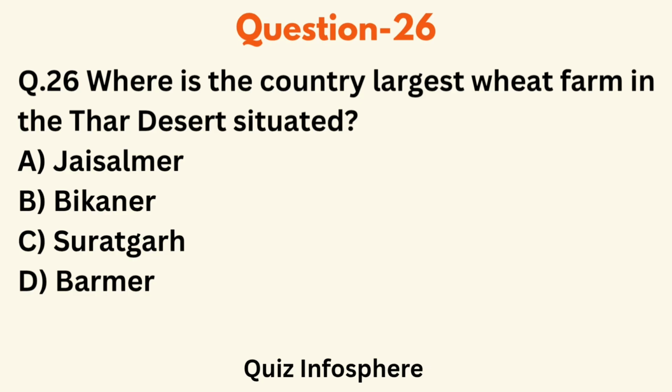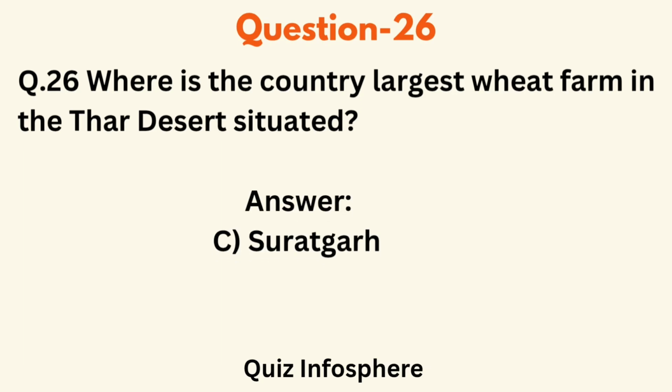Question 26. Where is the country's largest wheat farm in the Thar desert situated? Jaisalmer, Bikaner, Suratgarh, Barmer. The correct answer is option C, Suratgarh.